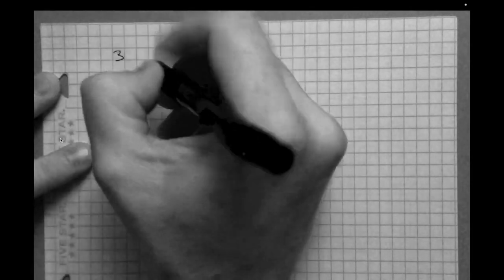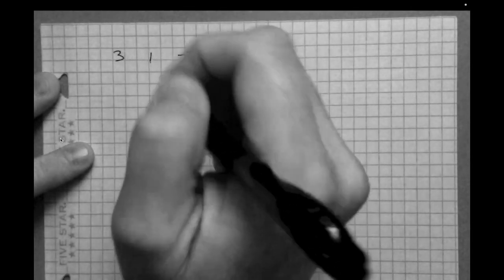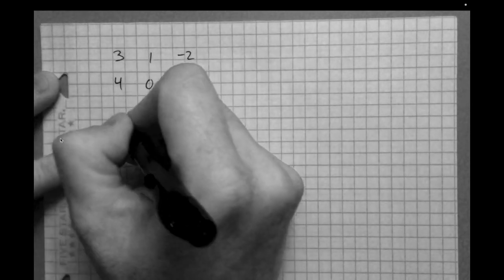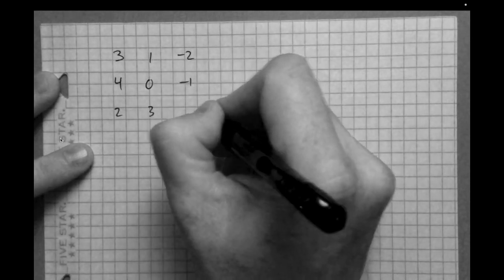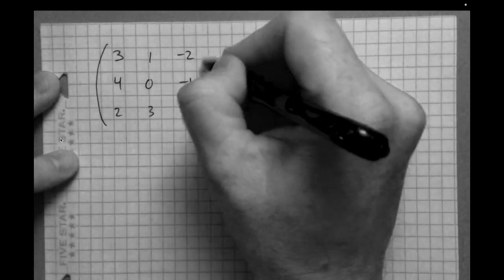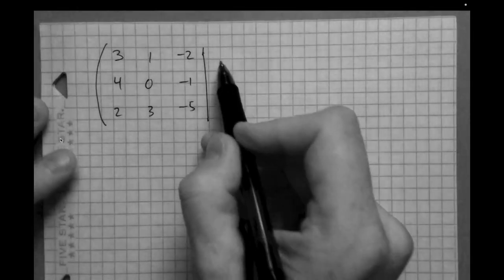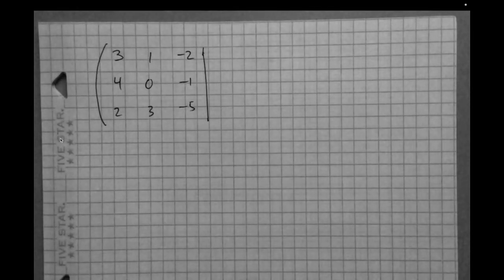All it really means is write the augmented matrix slightly differently. You've got your coefficient matrix here, and it's the same for both of them. It looks like this. Then you've got this divider here, and over here is where your scalar matrix would go, the b in the Ax equals b equation.